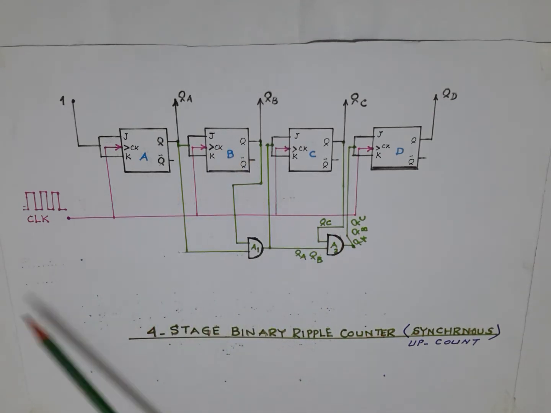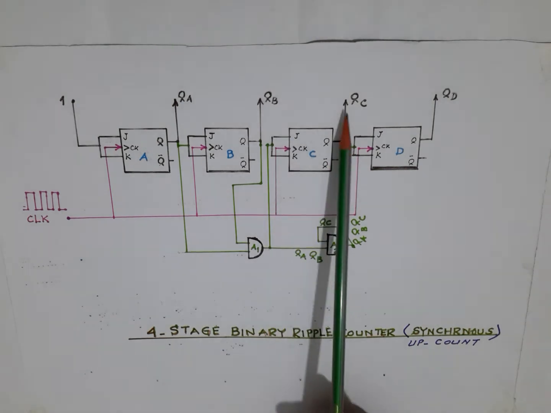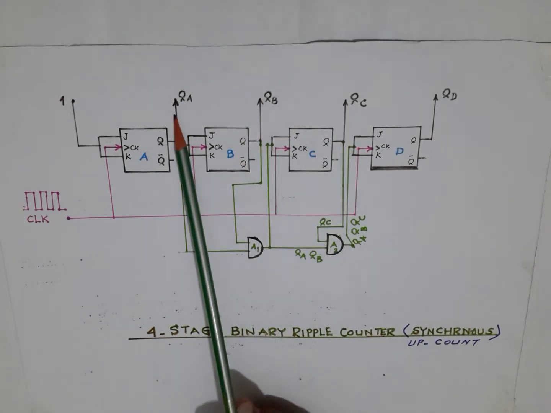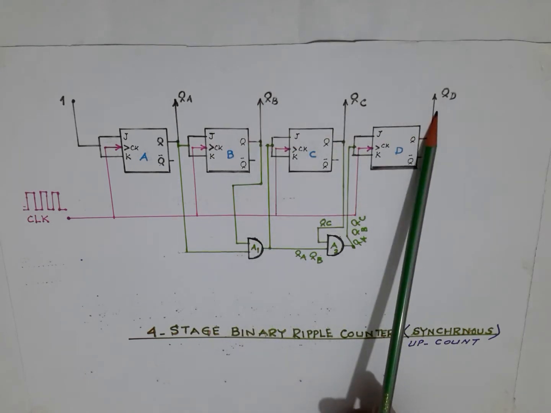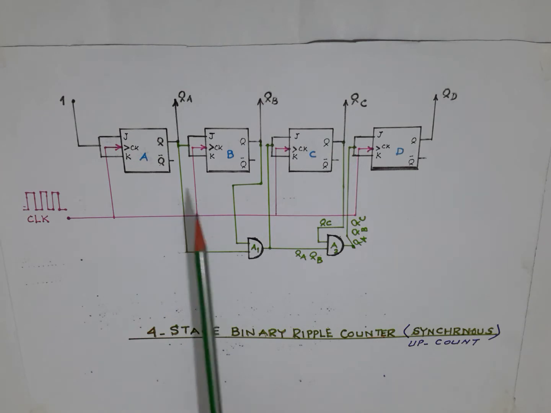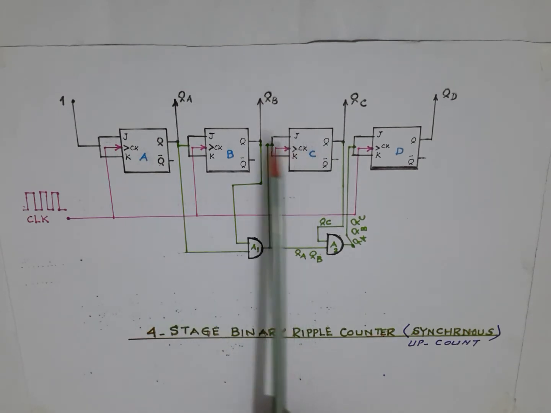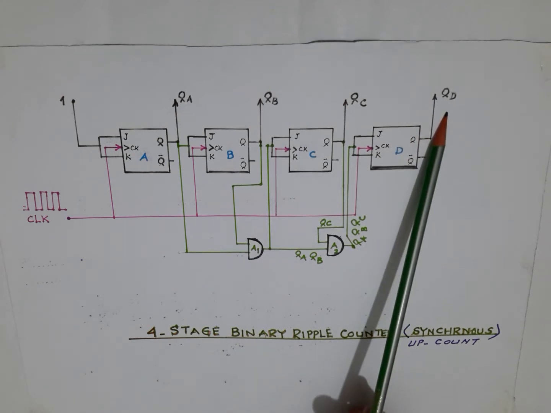Fourth pulse falling, QC will toggle, the output will rise, QA, QB, QD will remain off. Fifth clock pulse, QA and C will light, B and D will remain off.